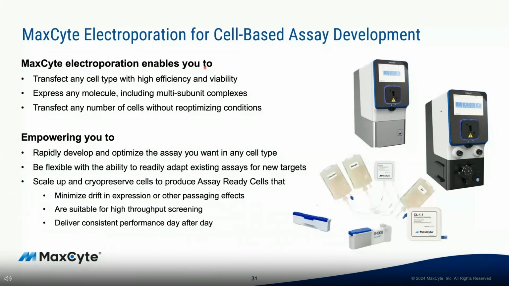You can develop and optimize the assay in any cell type you need to, and readily adapt to existing assays for new targets. Scale up allows potential cryopreservation of the cells, so you can minimize the drift in expression when you're passaging cells. You can use this for high throughput screening as well as delivering consistent performance day to day.